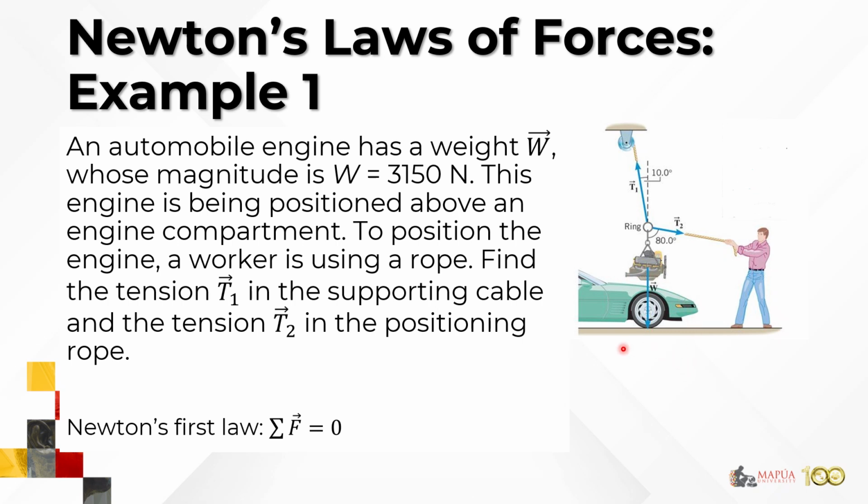So let's first solve for the x component. Summation in x should be equal to 0. And then we determine that T sub 1 sub x must be negative plus T sub 2 sub x should be equal to 0.